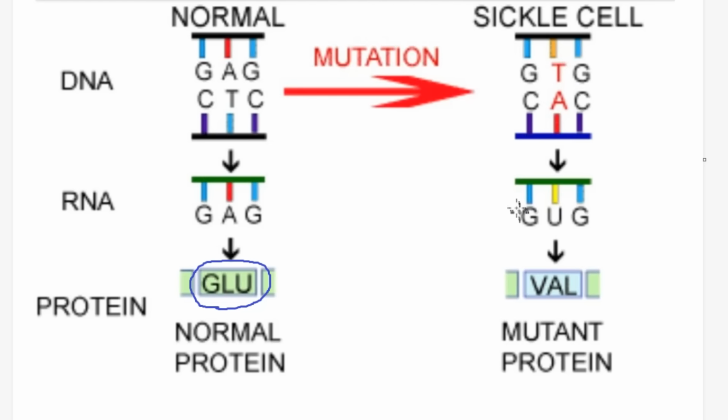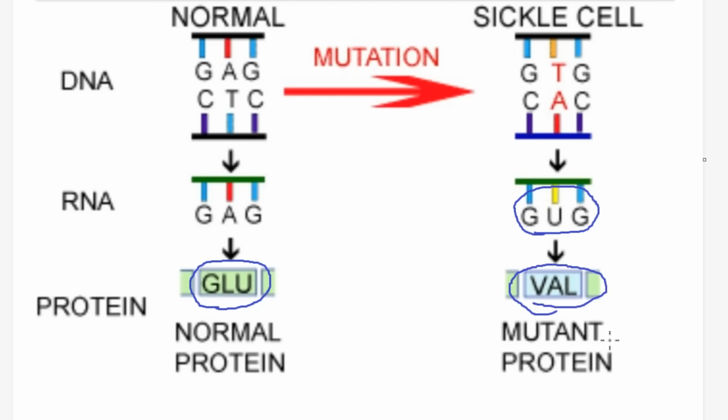C is going to pair with G, A is going to pair with uracil, and C is going to pair with G. So now we end up with a totally different set of instructions that the mRNA is carrying to be translated. And that's going to make a totally different amino acid named valine.